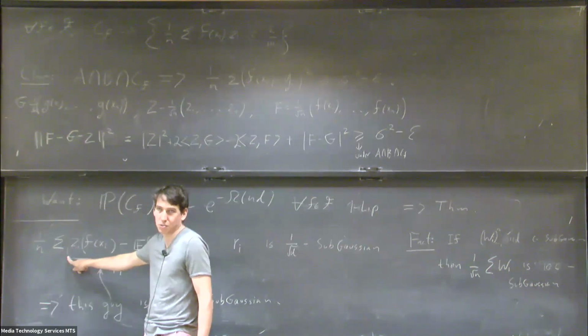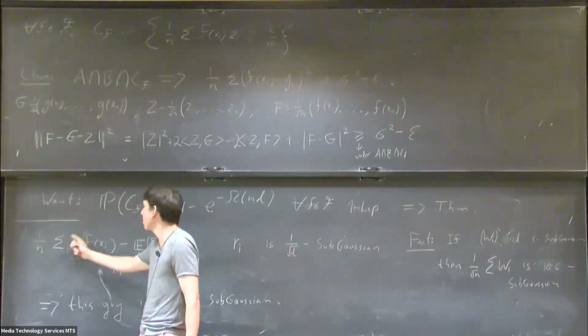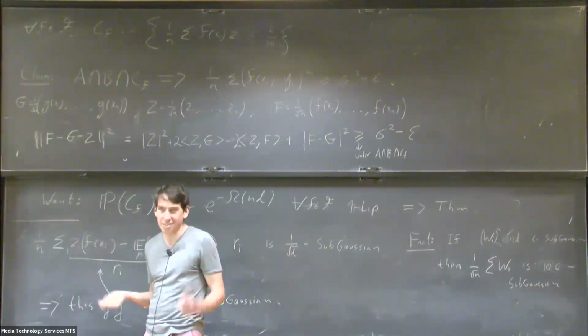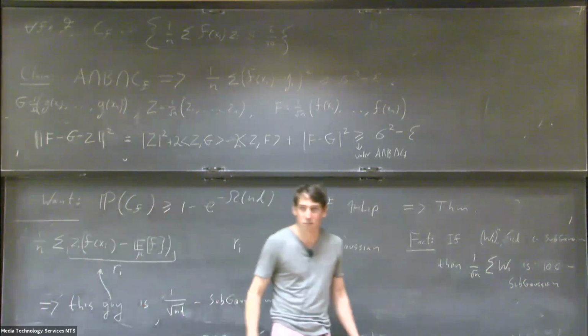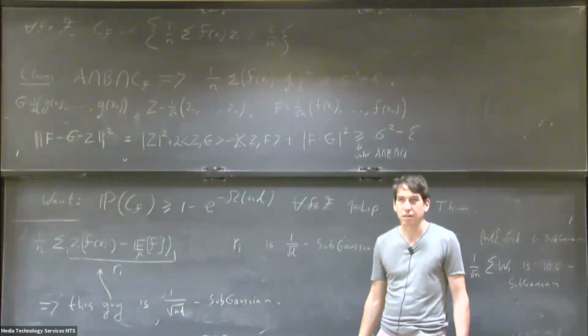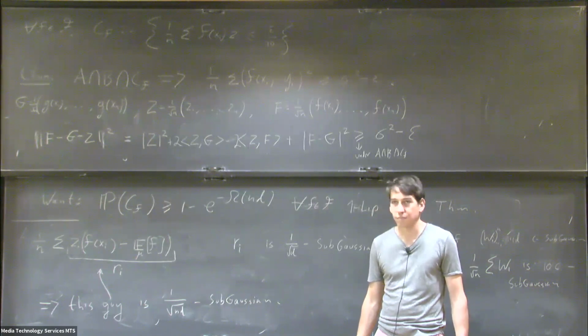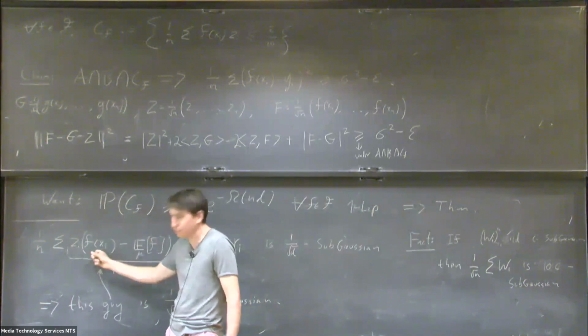So you cannot pick it adversarially to kill the cancellations. So each one of these is sub-Gaussian with expectation 0. Sorry, the expectation of Zi is 0, even conditioned on f of xi.